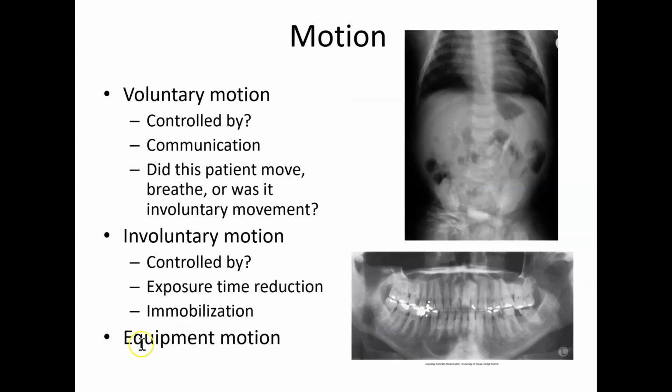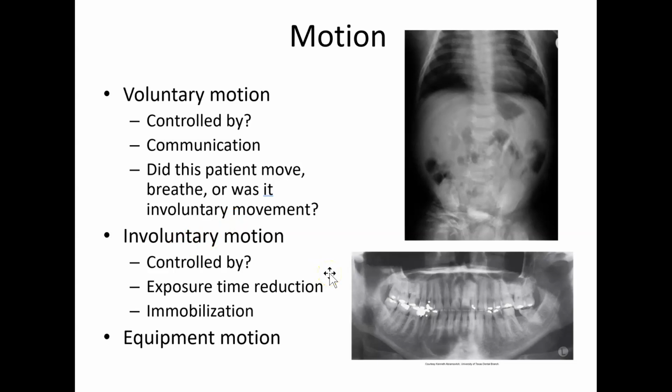Remember, motion is the greatest enemy of detail, and there are various types of motion. Voluntary motion is best controlled by communication with the patient. I believe that is a review question I've seen in a number of different sites.